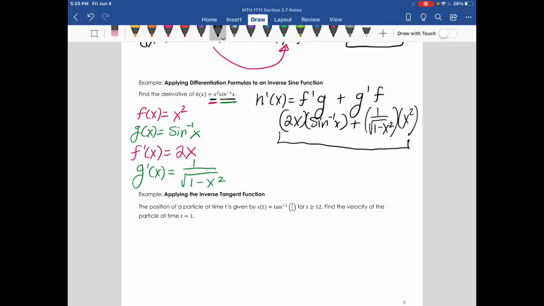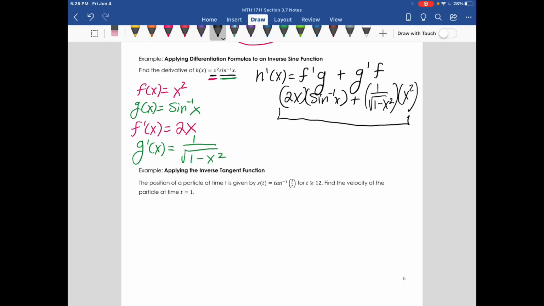Now, there really isn't a whole lot that we can do to simplify that, so I'm just going to leave it alone. There isn't really any like terms or anything like that that we can combine.